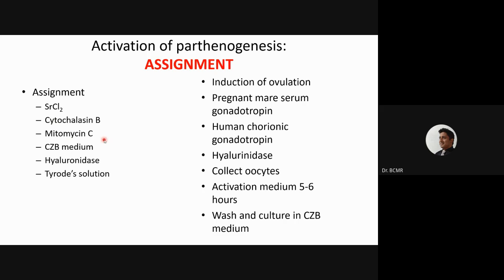I don't need you to read the whole chapter as such, but I want you to know what these mean. What is thyroid solution? What is it used for? Hyaluronidase, CZB medium, mitomycin C. You should know the molecular mechanism of these components and the context of why they are used.